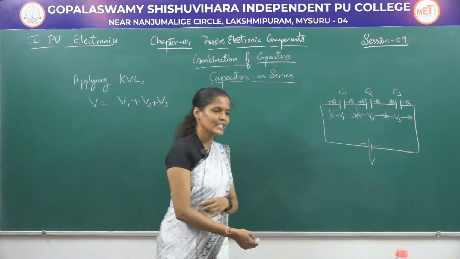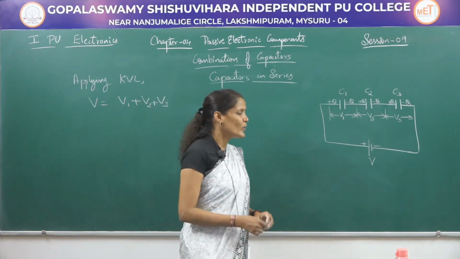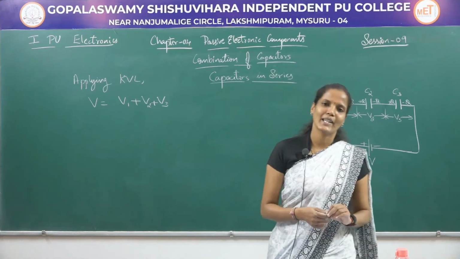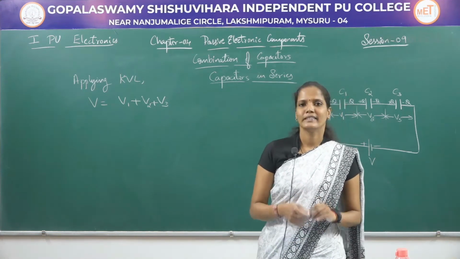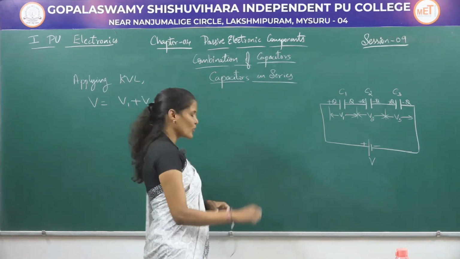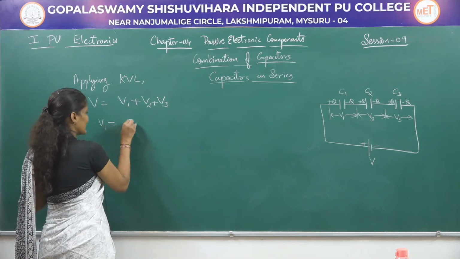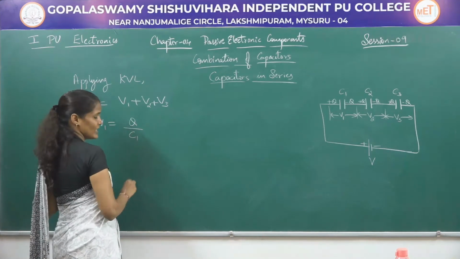So the charges which get deposited on each of these capacitors will remain the same, whereas the potential across these capacitors will be different. Then if I consider Q as the charge which is stored on the capacitor, then V1 will be equal to Q divided by C1.